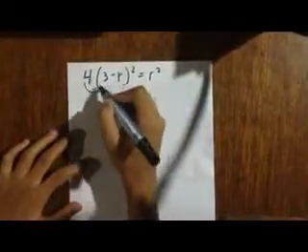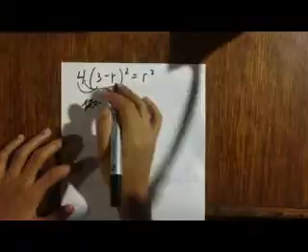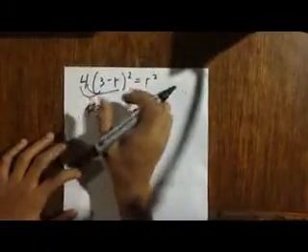So 4 multiplied by 3 minus R squared is just equal to R squared. So by distributing, so 12 minus, I'm sorry, no, just have to simplify first 3 minus R squared.